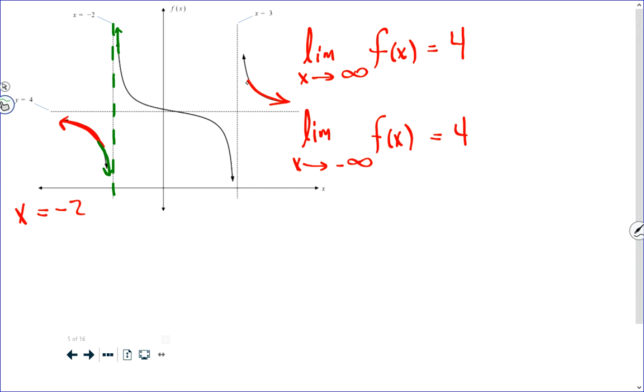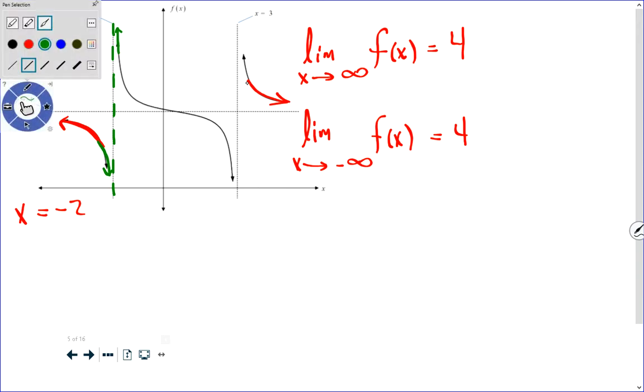And what that means is as x gets closer to -2, the function takes off to infinity or negative infinity. And it's different depending on whether you are approaching -2 from the left or from the right.